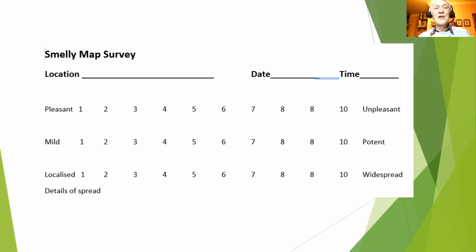And at each of those on your map, you try to imagine whether the smells were pleasant or unpleasant, mild or potent, and you certainly get some potent smells in 1896, whether they were localized or widespread, where they clashed and where they mingled, and so on. I don't know if you noticed on some of the maps that Liz showed, there were urinals or public toilets down by the Ouseburn.